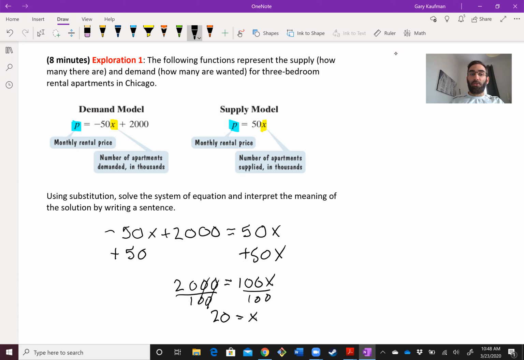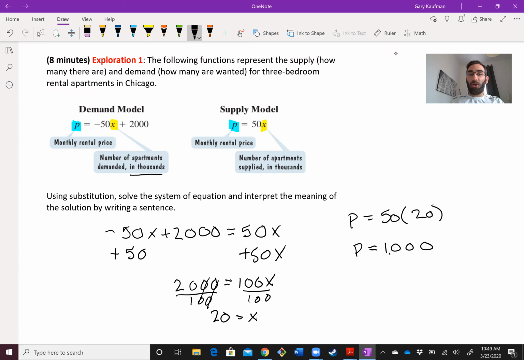So if there are 20, in thousands, so 20,000 apartments, well, they're saying solve the system and interpret the meaning of the solution. So I have the x, let me find the y. I'll say P equals 50 times 20, because I'm just substituting in. It doesn't matter which one I use. P equals 1,000.